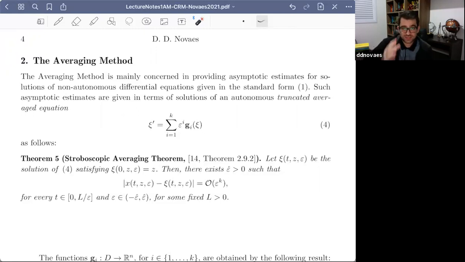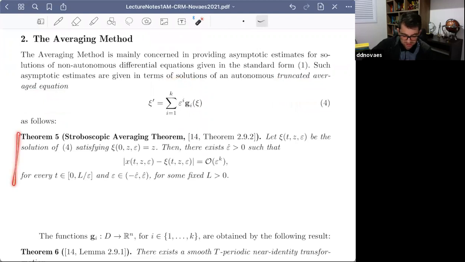So we approximate by an autonomous difference equation given in this form. It's not well defined yet what those g_i are, but this system will be called the truncated averaged equation. And the result that gives this approximation is the averaging result.